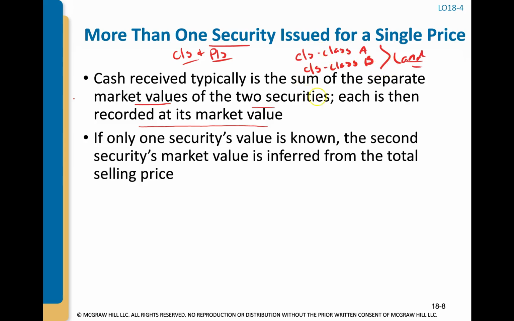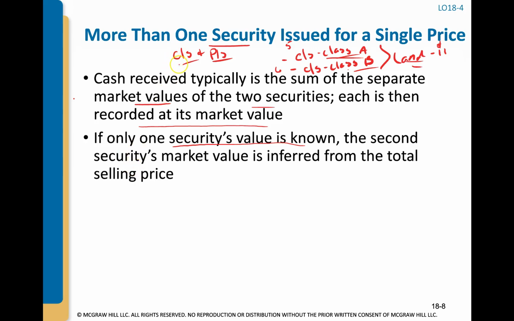So if we purchase land for these two classes of common stock, class A and class B, and we know that class A is worth $5 million and class B is worth $6 million, and we paid $11 million for this land, then we would record that we issued class A stock for $5 million and class B stock for $6 million. Or if only one security's value is known, then the second security's market value is inferred from the total.